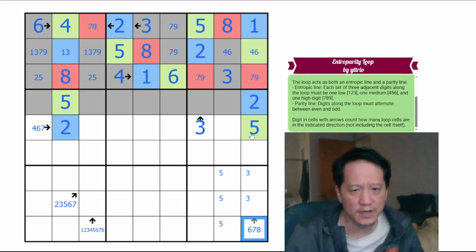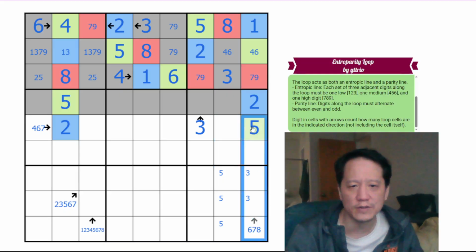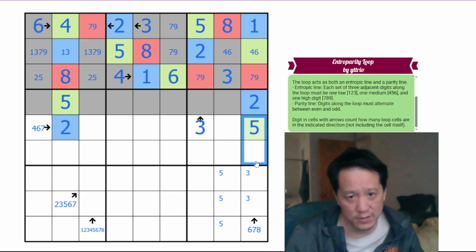If we tried 7, it could do something funky like this. But then this would have to be 8. You'd have to have an 8 somewhere on column 9. But then it would have to be here and here.